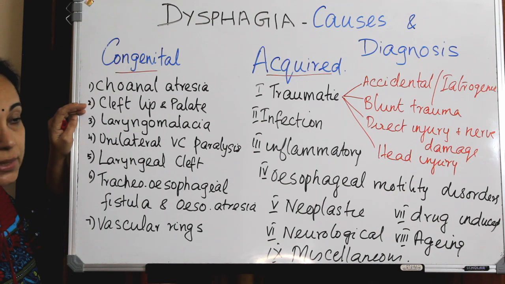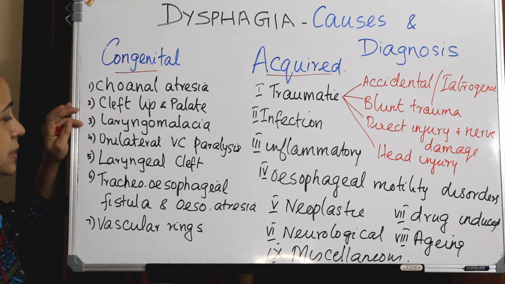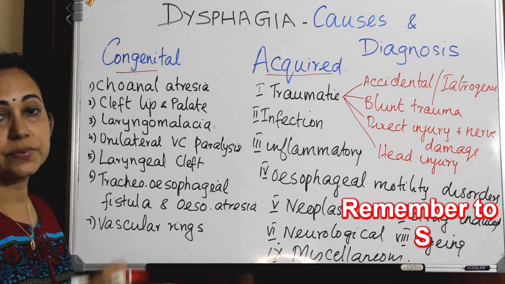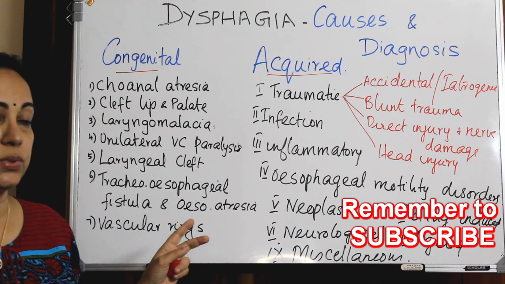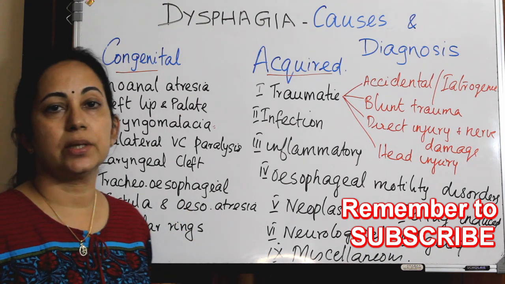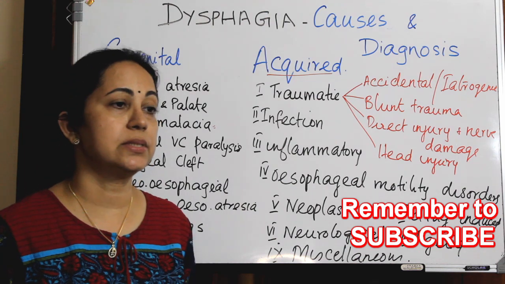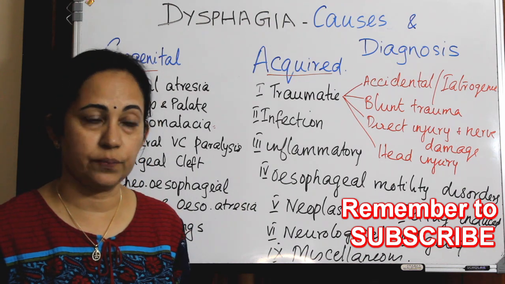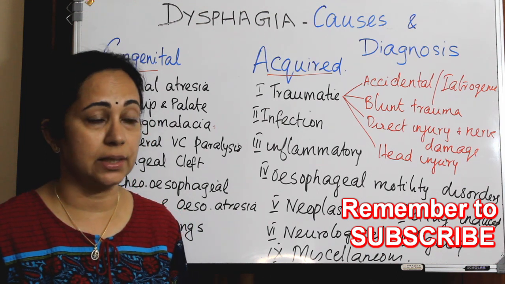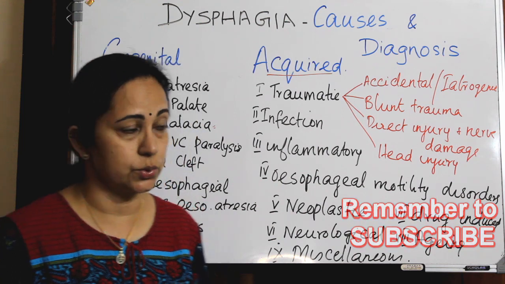Cleft lip and cleft palate can also present as dysphagia, and another one is laryngomalacia. The most common cause of stridor in the first year of life, associated with dysphagia, is laryngomalacia. Okay, and this is usually diagnosed in the outpatient using a nasopharyngoscopy, or it can be diagnosed under general anesthesia with direct laryngoscopy.